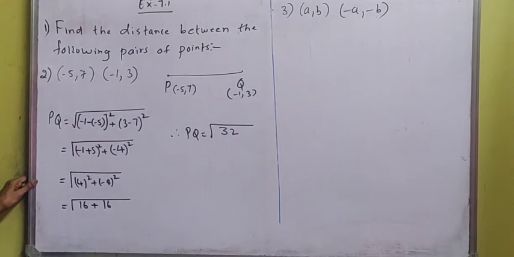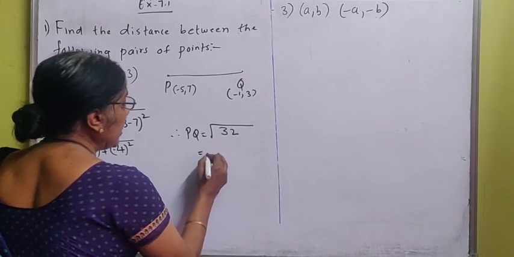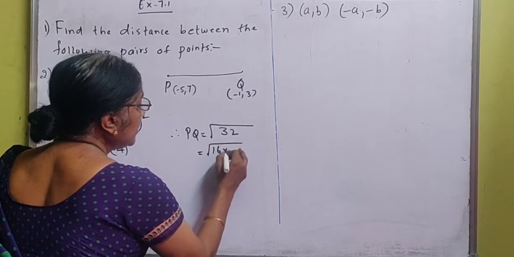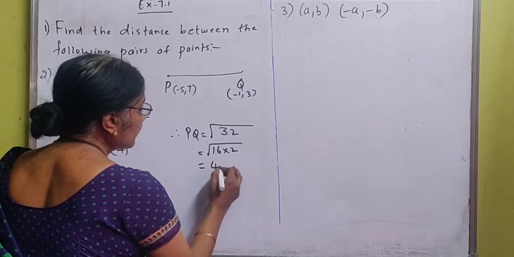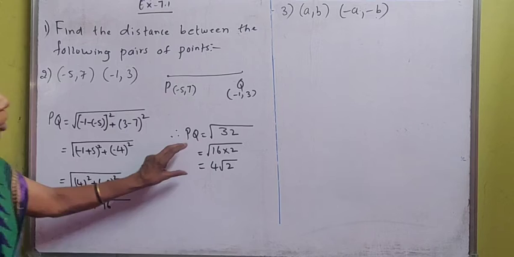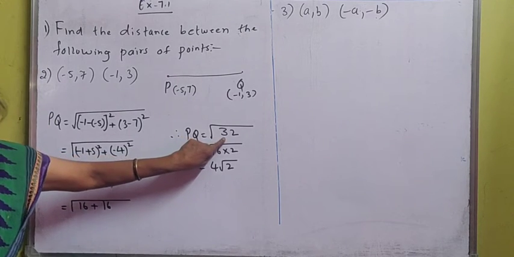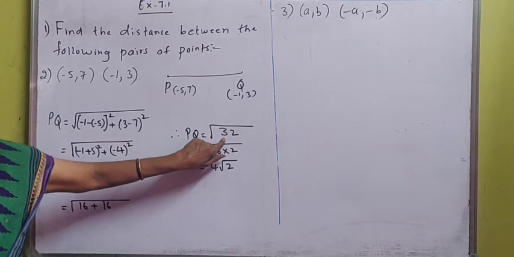So you got it as square root of 32. You can simplify it further. You can write it as 16 into 2. Square root of 16 is 4. You can write the answer as 4 root 2 also. Or if you don't know how to simplify further, you can stop the answer at PQ is equal to root 32. That is also a correct answer.